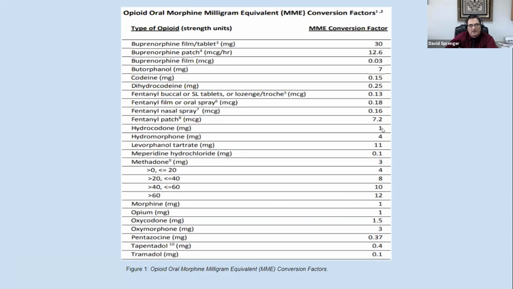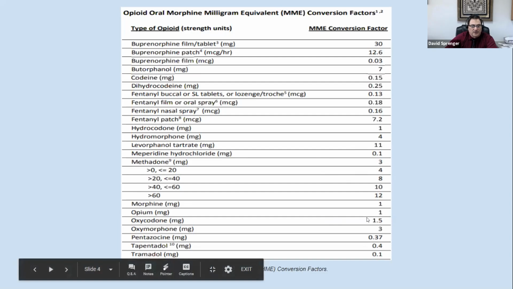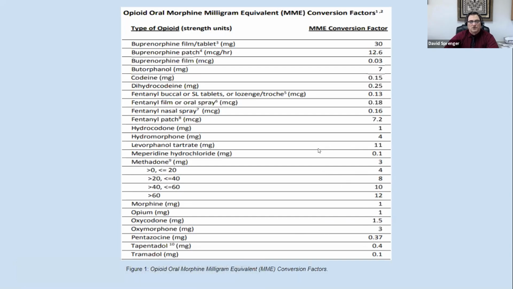So hydrocodone and morphine have a relatively equivalent analgesic potency. Hydromorphone, Dilaudid, is much stronger, and as some of you know, oxycodone is a little stronger. Oxymorphone and Nucynta are also stronger. So this is just going over some of the more common pain medications that are out there.